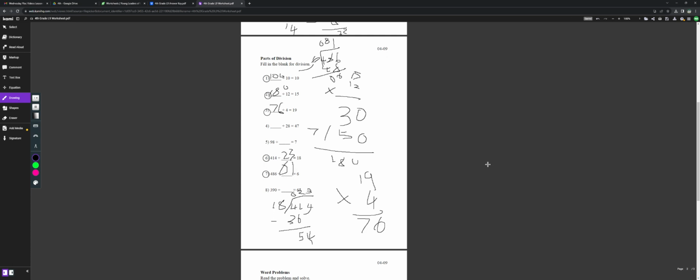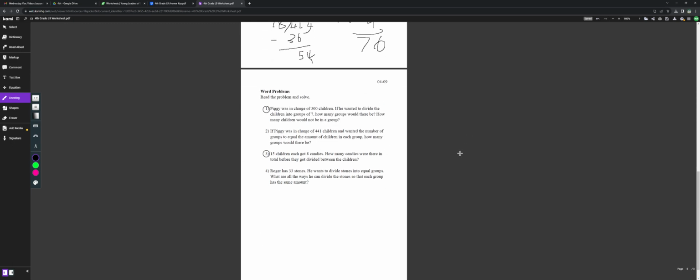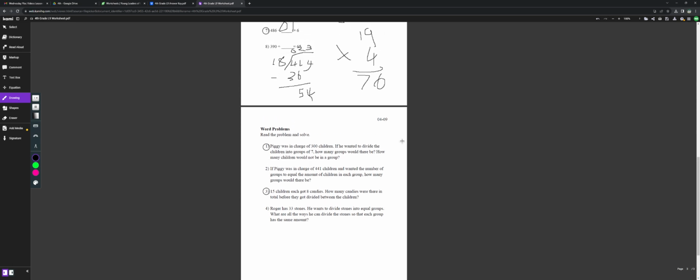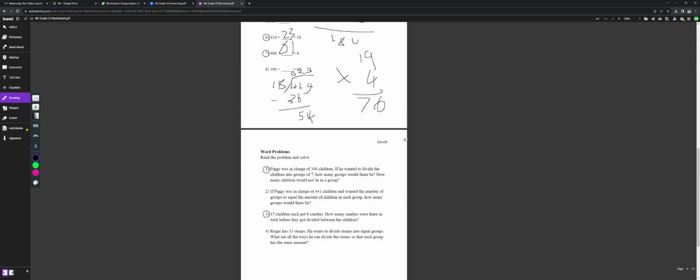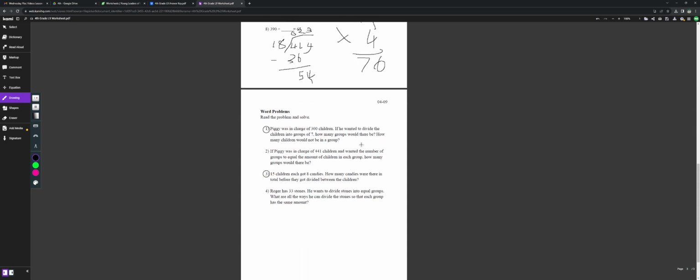And then for our next section, we have these word problems, and our first one is Piggy was in charge of 300 children. If you want to divide the children into groups of 7, how many groups would there be? How many children would not be in a group? So to find this, we could divide 300 by 7. How many times does 7 go into 30? 4 times.